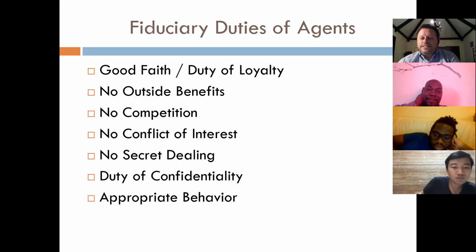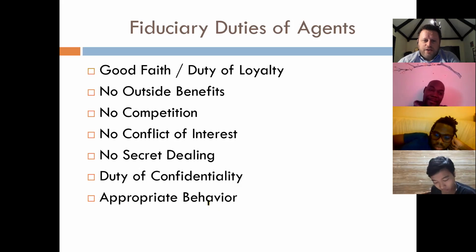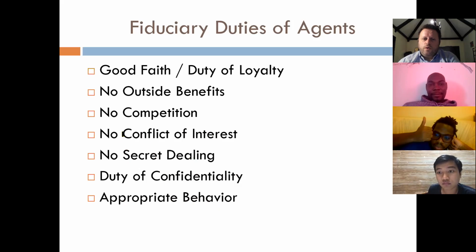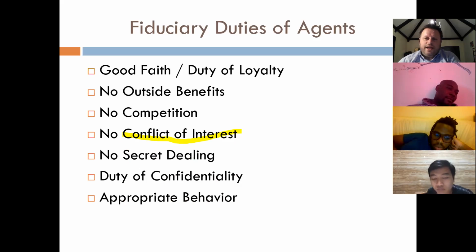So what about this selling it to his father? Is this appropriate behavior? Sure, no problem. Is he telling secrets? No problem. Is he getting a gift? No. Conflict of interest, though. That's a problem here. Why? So on the one hand, he serves Peter.